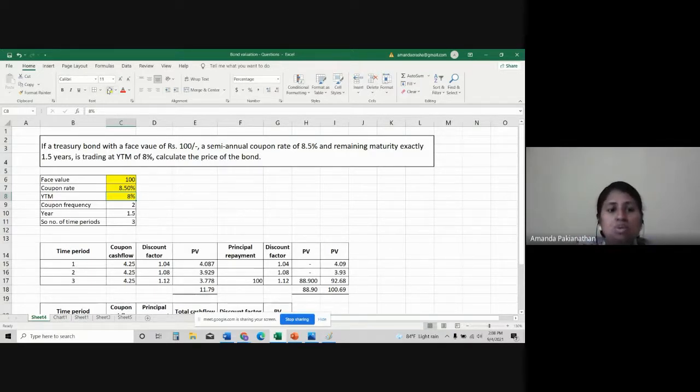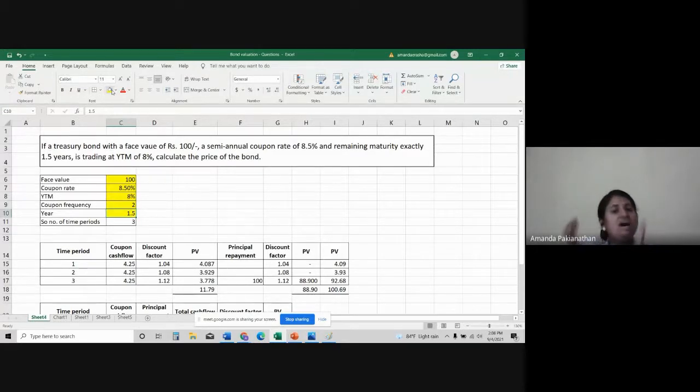What is the coupon frequency? Semi-annual, which means for a year, they will pay me interest twice. What is the tenor remaining? How long is it left for this to mature? 1.5 years.